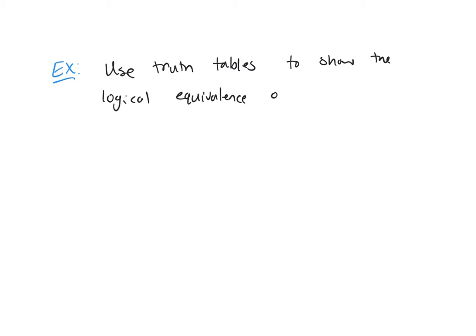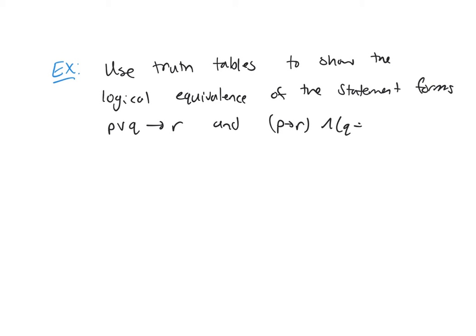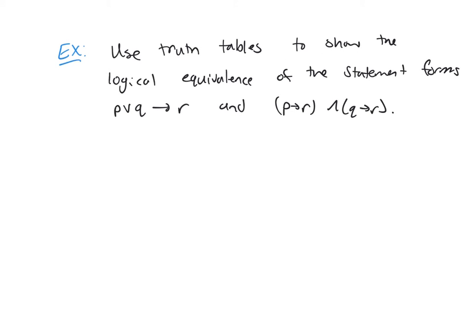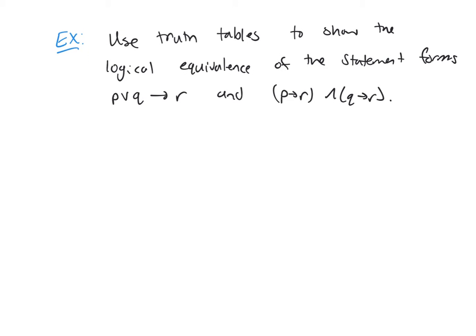So let's use truth tables to show the logical equivalence of the statement forms: if P or Q, then R, and if P, then R, and if Q, then R. So we want to show that these are logically equivalent, which means I need to show in the truth table that they have the same column.